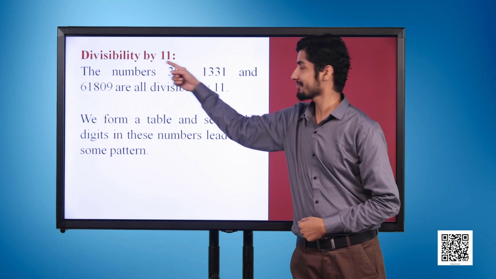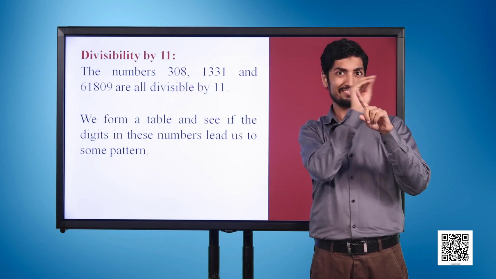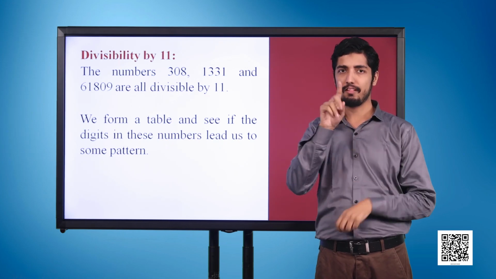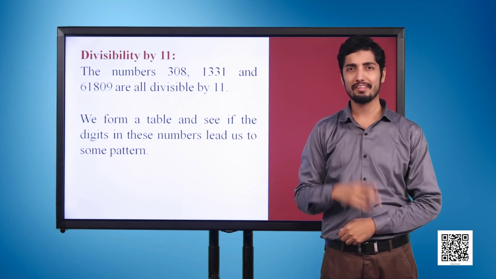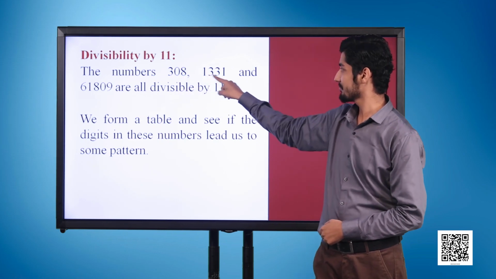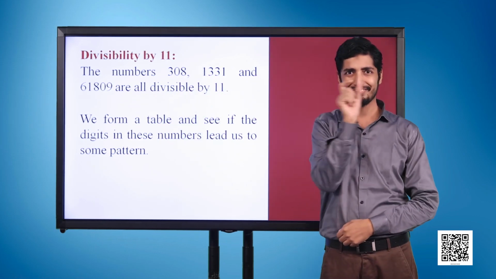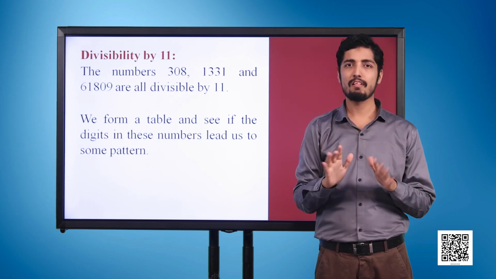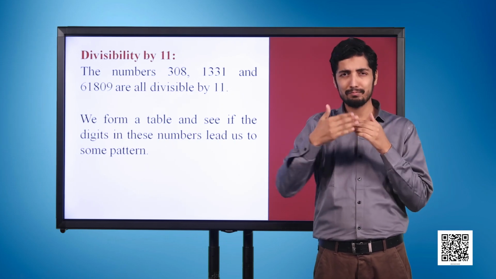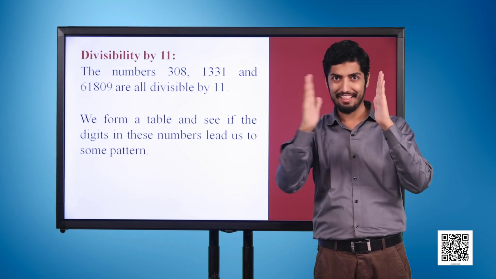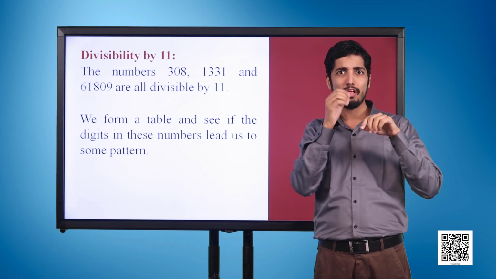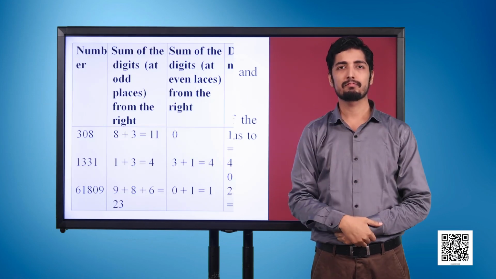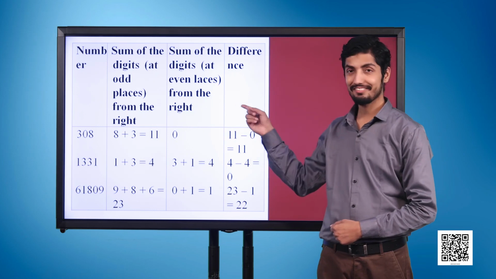Divisibility by 11. The numbers 308, 1331 and 61,809 are all divisible by 11. We form a table and see if the digits in these numbers lead us to some pattern. We have a table with 4 columns.